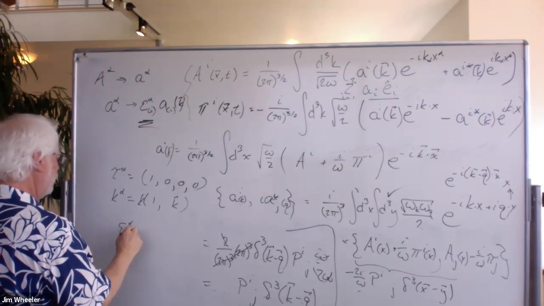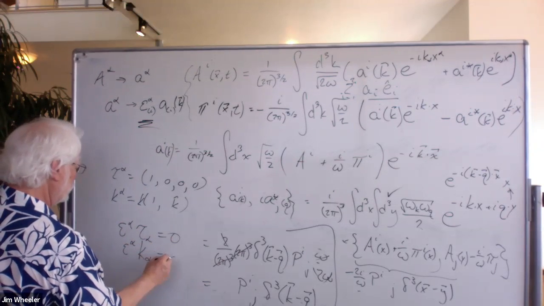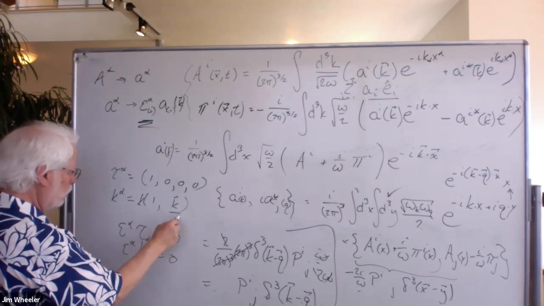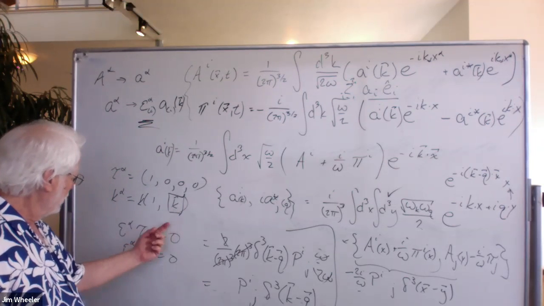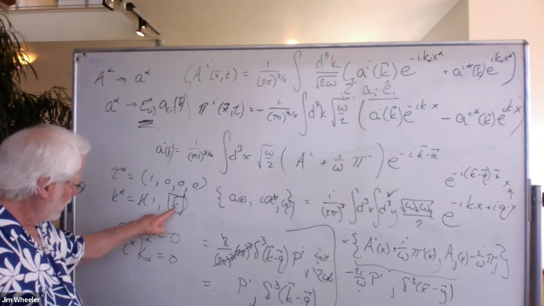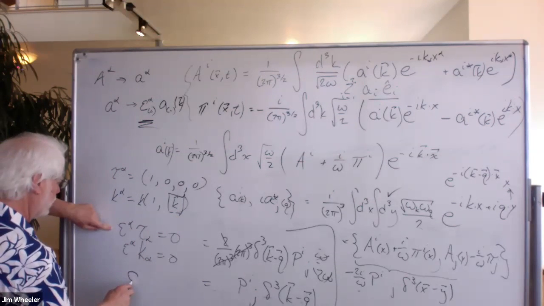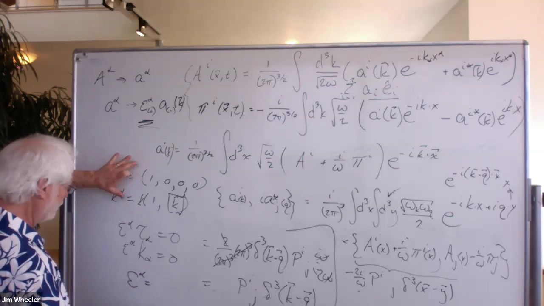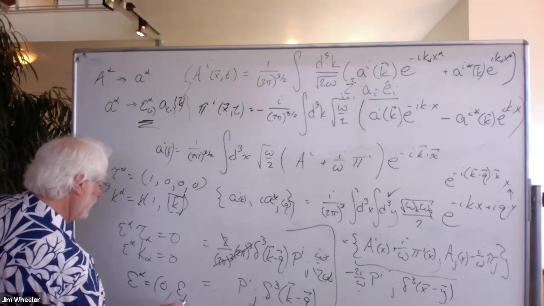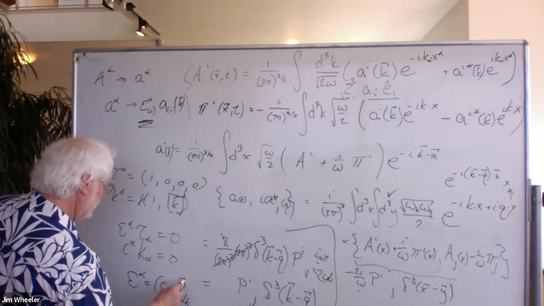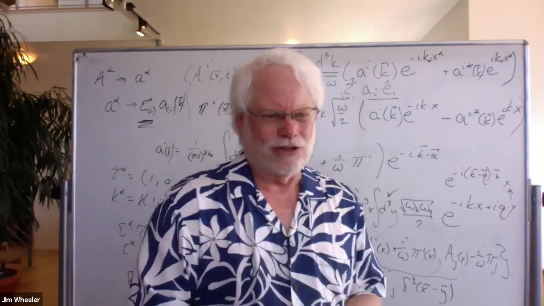So we're going to choose epsilon alpha tau alpha equals 0, and epsilon alpha k alpha equals 0. Then the wave mode is traveling in this k hat direction, so the polarizations are orthogonal to that direction. This kills the time component, so in this basis epsilon alpha is going to be 0 here, and something perpendicular to k in this space. And other than that, we probably want them to be unit vectors.